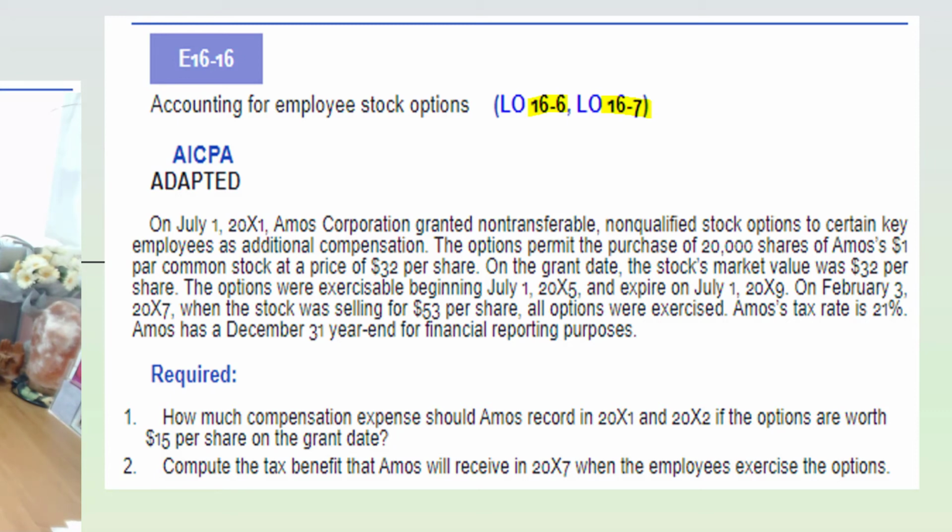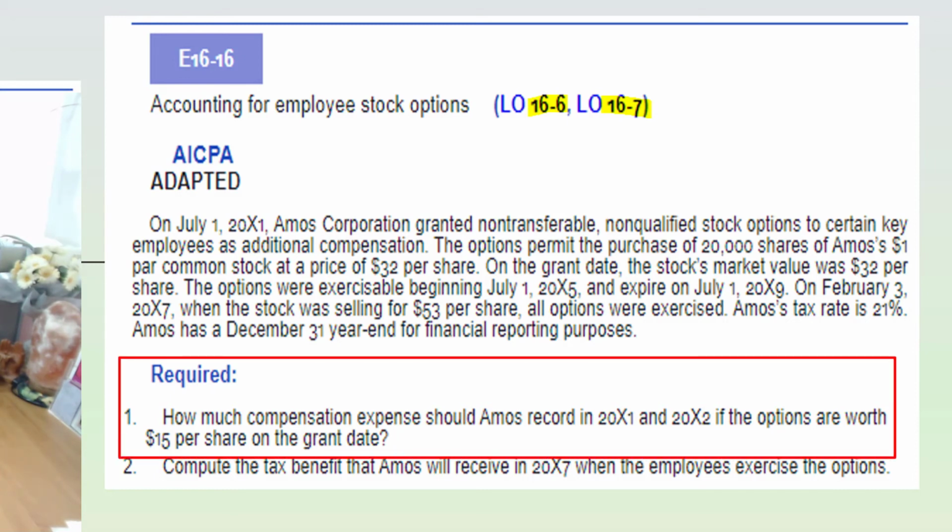Amos' tax rate is 21% and a December 31st year-end for financial reporting purposes. So the first requirement asks us how much compensation expense should Amos record in 20X1 and 20X2 if the options are worth $15 per share on the grant date.